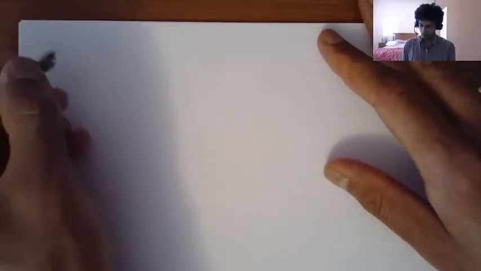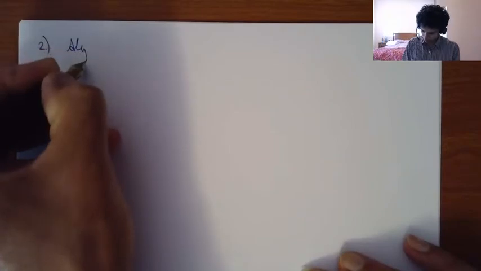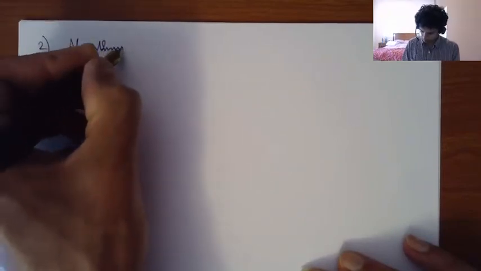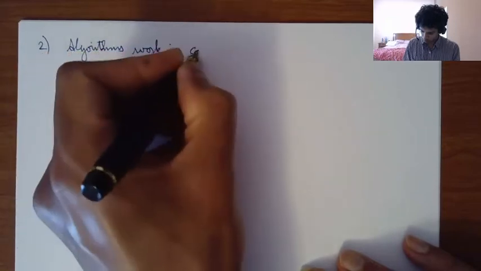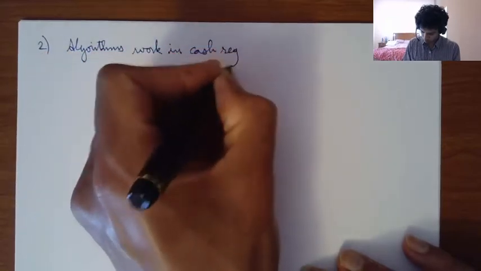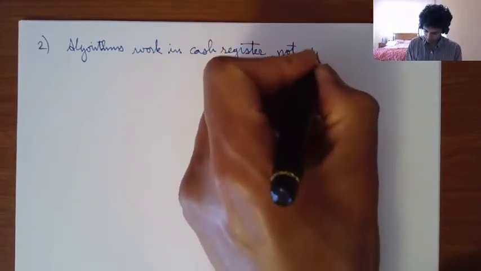And the second point, which is also important, is that the algorithms work in the cash register model, not the turnstile model.